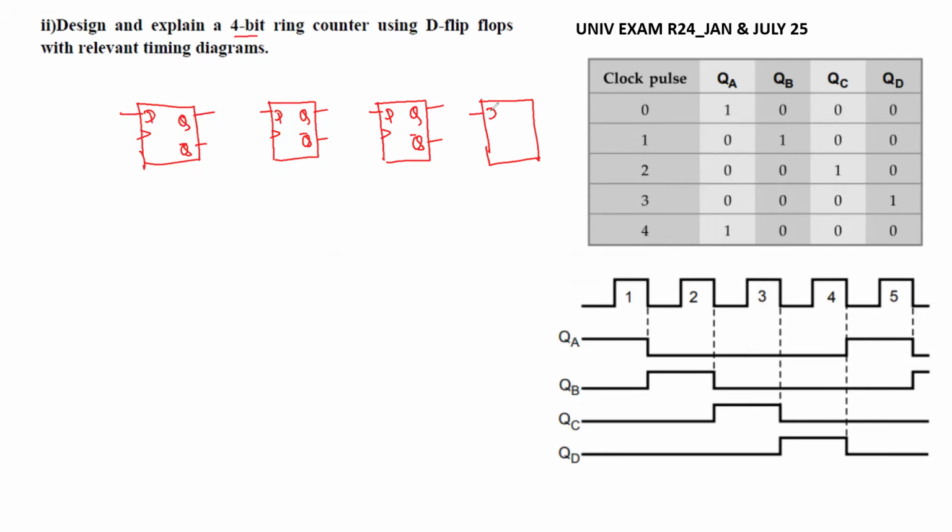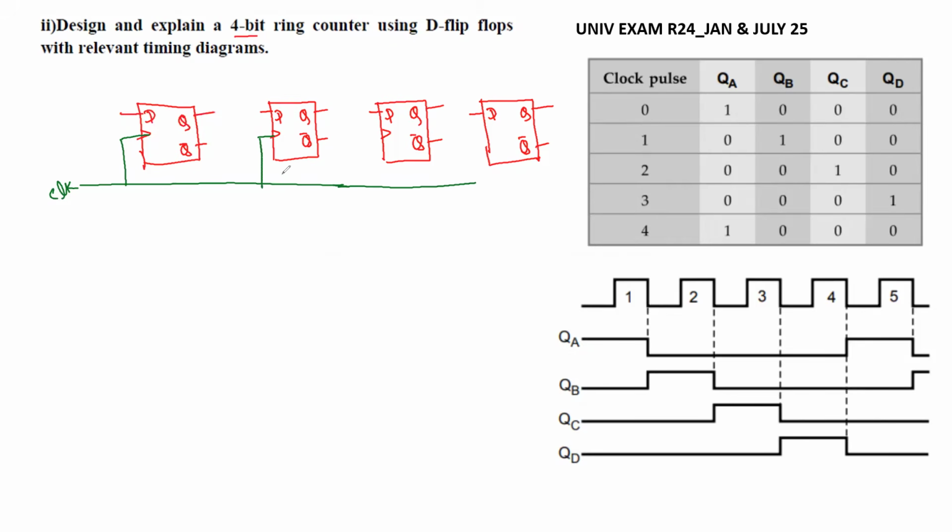Keep in mind what mistakes students normally make. Since the ring counter is an example of a synchronous counter, the same clock pulse is given to each flip-flop.